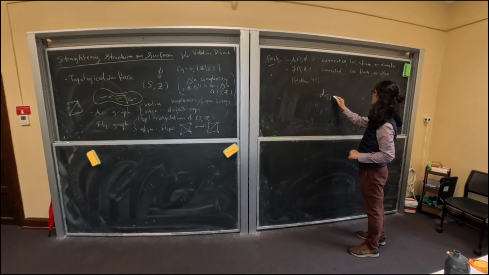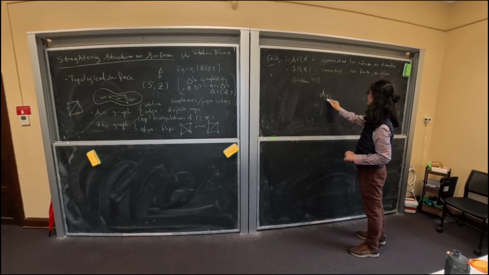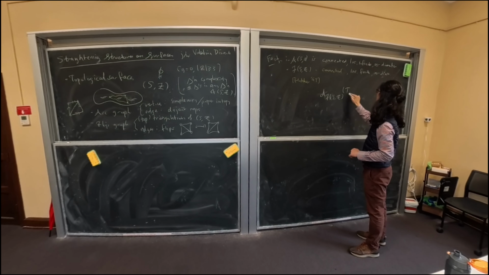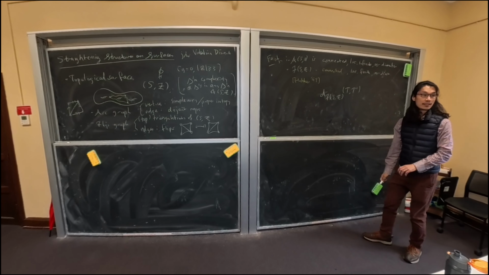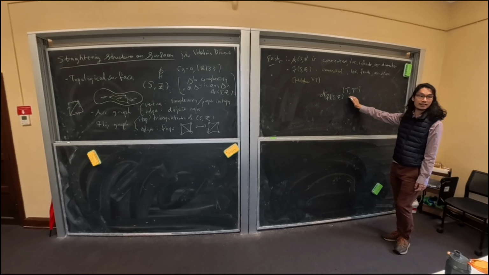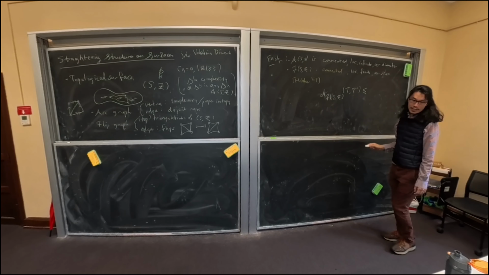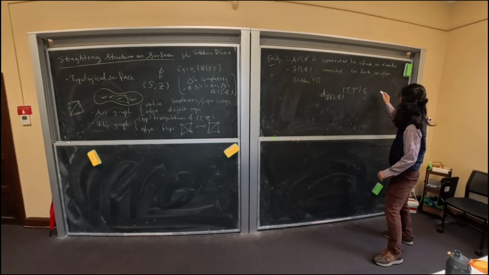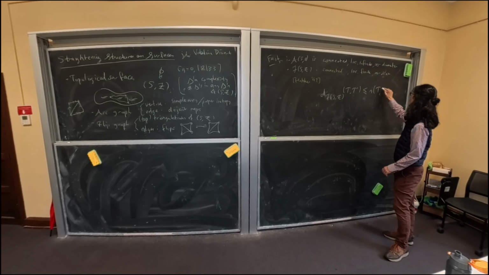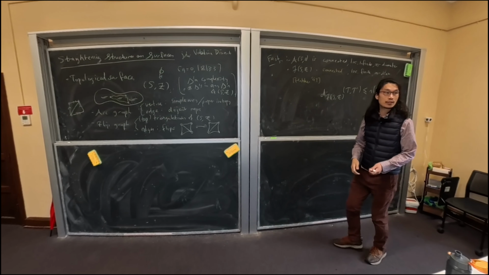If I consider the distance between two triangulations, let's say T and T prime are two triangulations of the same surface, I want to know what's the distance in the flip graph. This turns out to be bounded above by the geometric intersection number of the two triangulations. What does that mean?